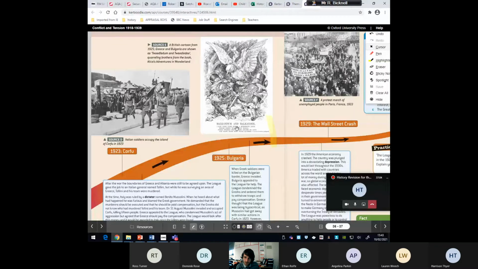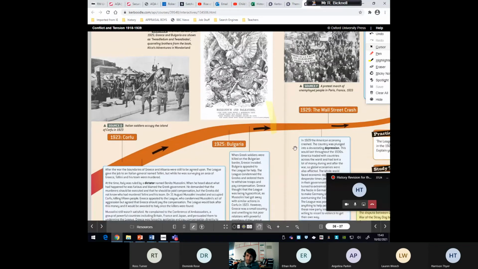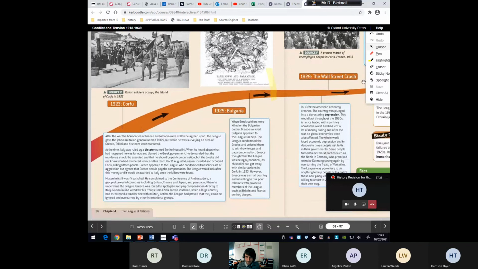Potentially, that Greece was the more dominant party in this war. But in comes the League of Nations swooping in to save the day. This could be taking the mick out of the League of Nations, but it could also be supporting them. Saying, hey, look, they're strong, they can stop wars. There's some humour attached to this. Right, let's scroll down. So, what happened?